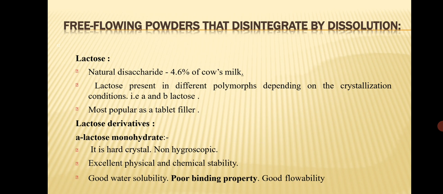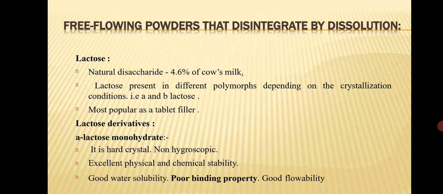Free flowing powders that disintegrate by dissolution. Lactose, a natural disaccharide, is 4.6% of cow's milk. Lactose is present in different polymorphs depending on the crystallization conditions, that is alpha and beta lactose. It is most popular as a tablet filler.